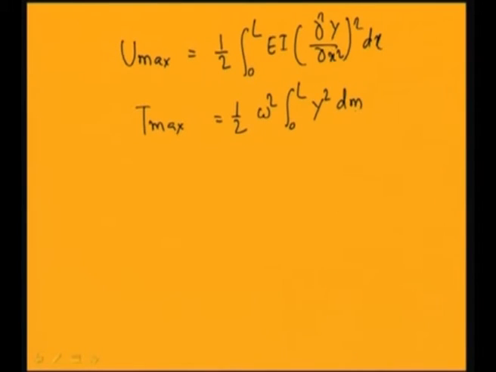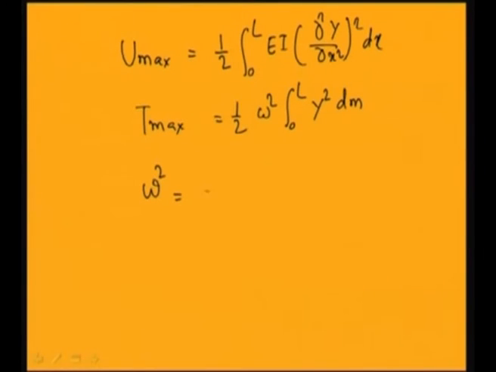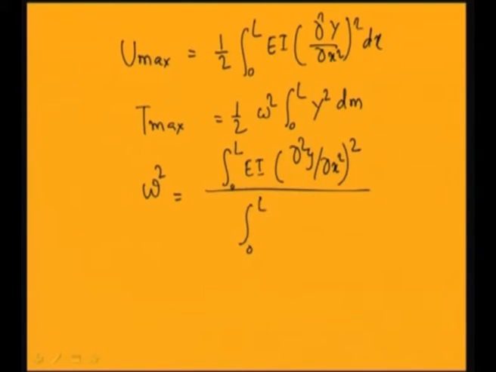Here you may take y as the static deflection of the continuous system. By equating U max equal to T max, you can write omega square equal to integral 0 to L EI (del square y by del x square) whole square dx by integral 0 to L y square dm.